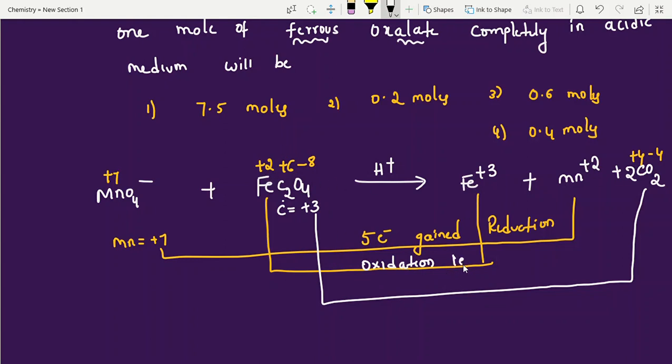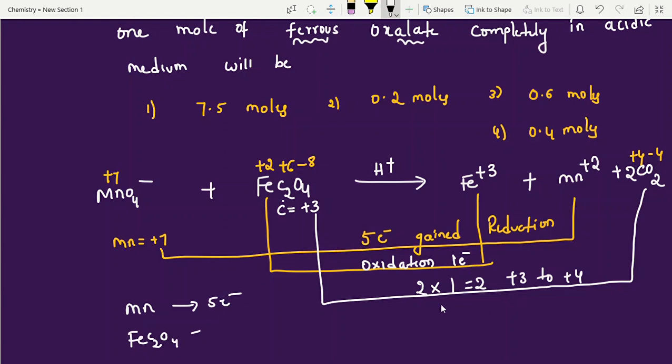Students, here +2 to +3, right? 1 electron. And here +3 to +4. How many units here? 1 unit. But total how many carbons here? 2 carbons. 2 into 1, 2. Manganese changes how much? 5 electrons. And iron and oxalate together you have to calculate.